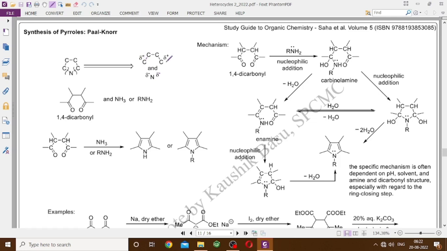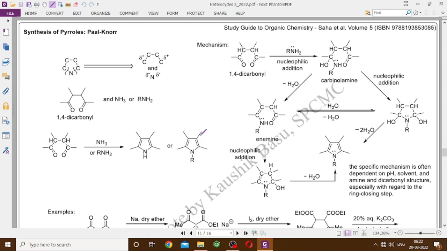Such a fragment where there is electrophilicity on C1 and C4 is undoubtedly a 1,4 dicarbonyl, and this nitrogen can be supplied by either ammonia or by a primary amine, something where there are a couple of hydrogens present on the nitrogen which will eventually be lost. If I do this reaction with ammonia, then I will end up with NH, and if I do it with RNH2, I will end up with a substituted pyrrole, N-substituted pyrrole, Rn.